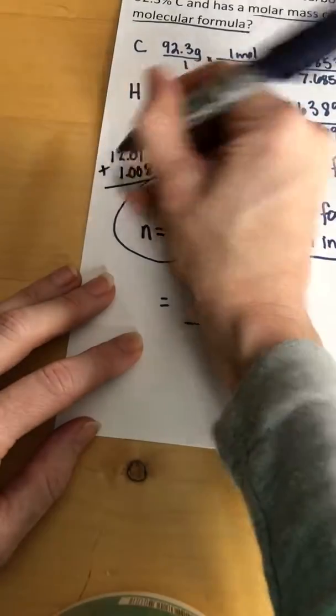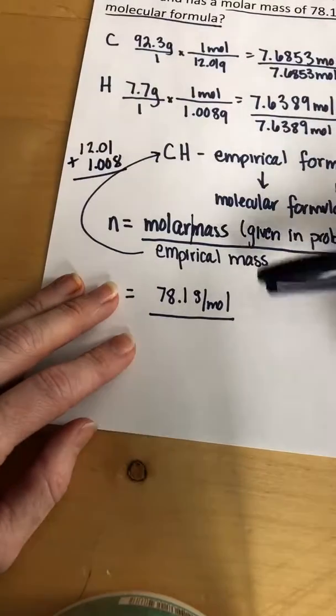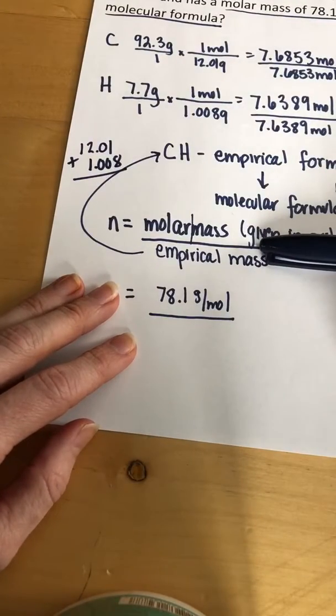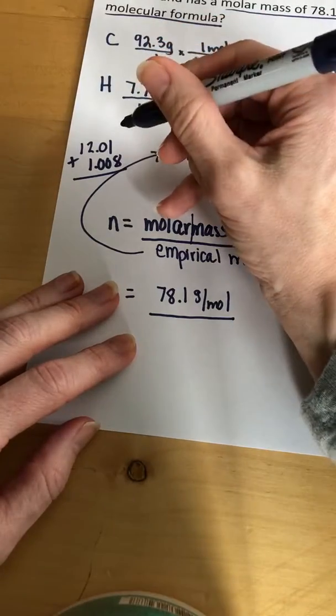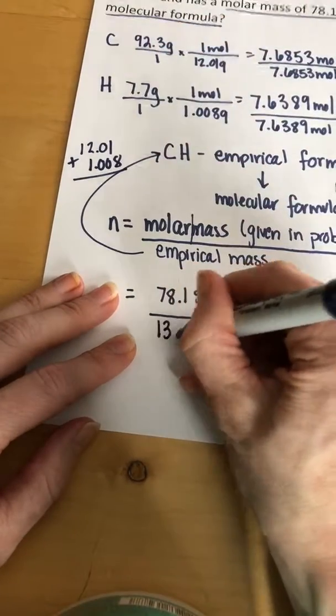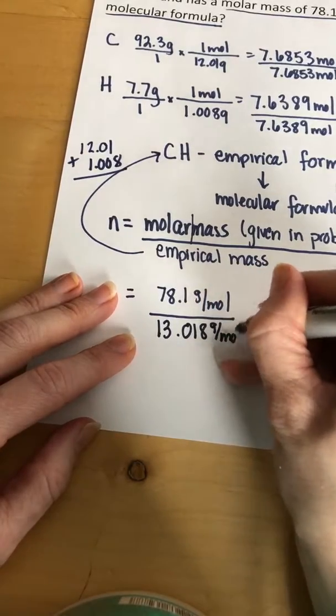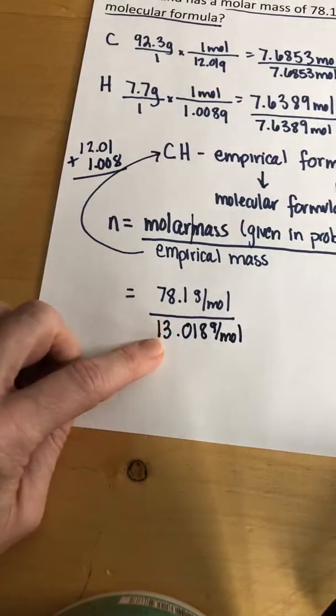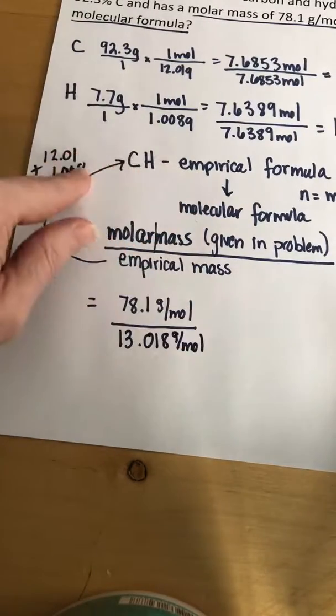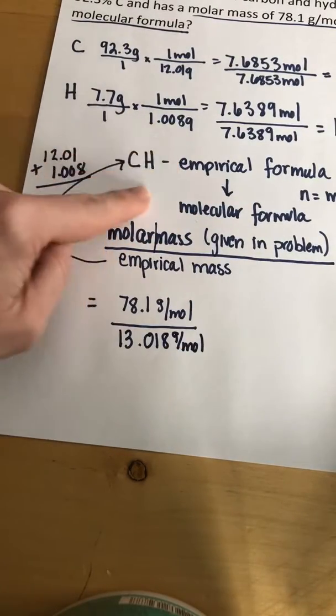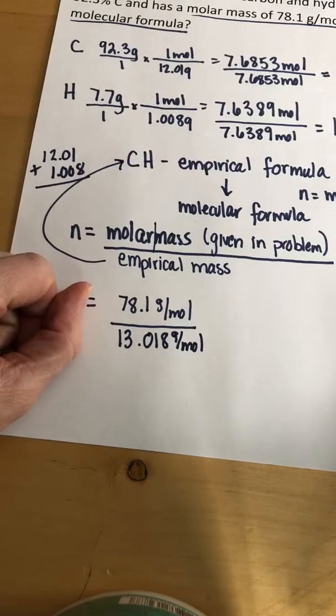If you add those two together, then you'll get the mass of the empirical formula, which is 13.018, which I'll just go ahead and drop down here. Again, this one you have to calculate based on what your empirical formula is. You're just adding up the masses of the atoms that are in your empirical formula.